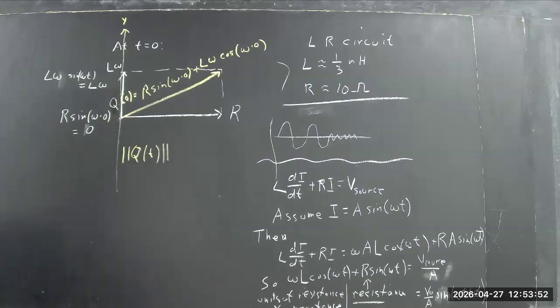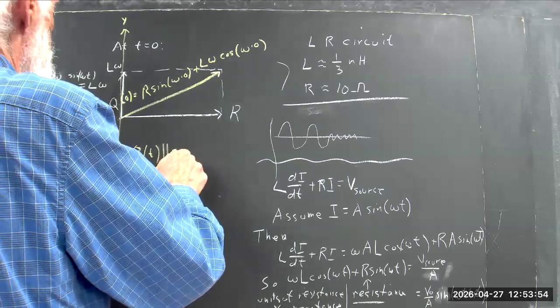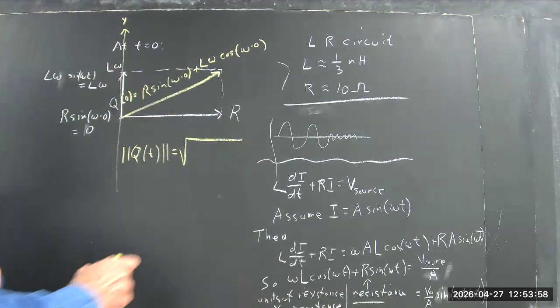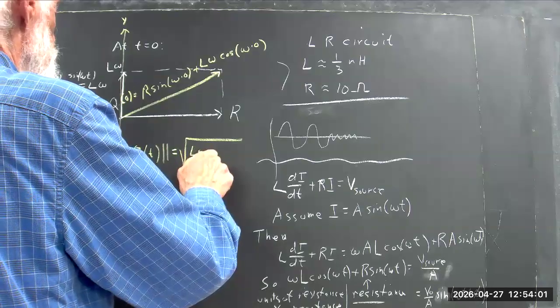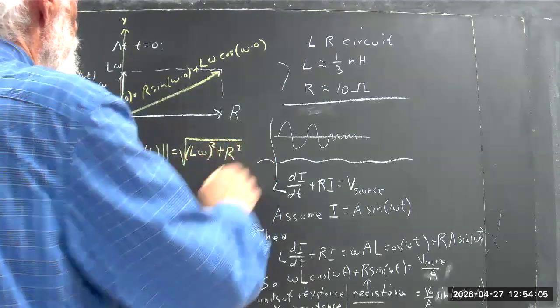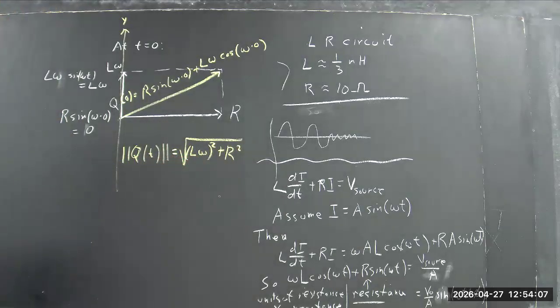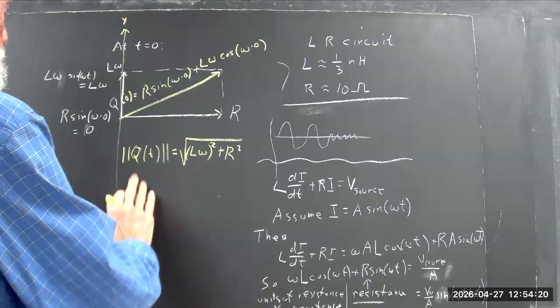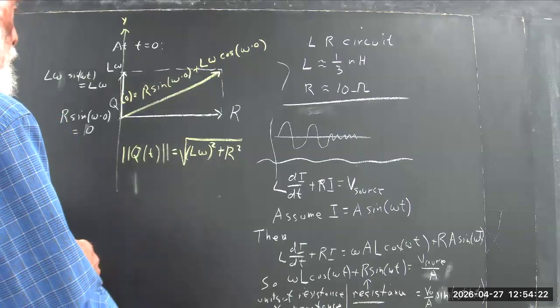Q of t has a magnitude. This is just the hypotenuse of this triangle: the square root of L omega quantity squared plus R squared. And I of t, well, there's another angle here.